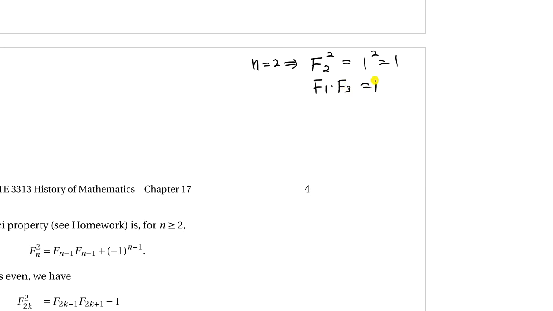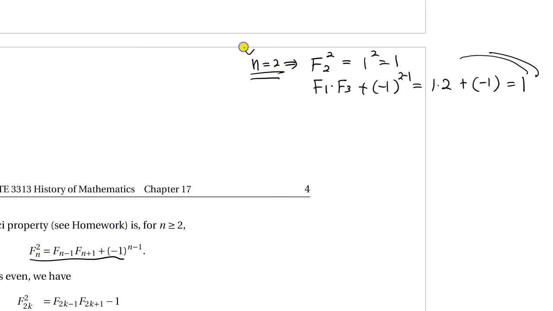So it's 1 times 3 plus negative 1 to the n minus 1, which is 2 minus 1, so negative 1 to the 1 is negative 1. So it becomes 3 minus 1, which is 2... so altogether, we found that this equation is true when n equals 2.